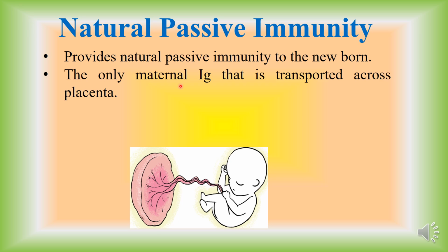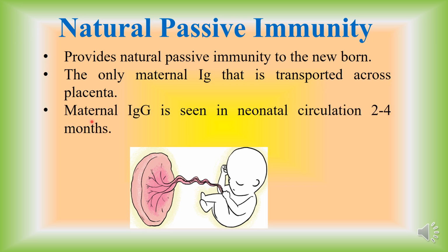It is the only maternal immunoglobulin that is transported across the placental barrier, and this is the maternal immunoglobulin which is transported to the fetus through the placenta. It is seen in the neonatal circulation for 2 to 4 months. So once the child is newborn, this immunoglobulin remains in the circulation for 2 to 4 months, protecting the child with natural passive immunity.